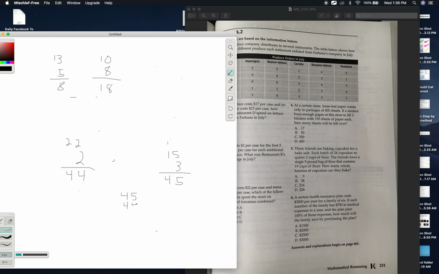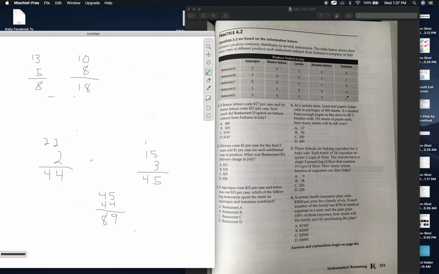So do the same thing here with Restaurant B and Restaurant E as well, since they purchased. Well, let's see. We already know that it can't be Restaurant E because Restaurant B purchased 4 asparagus and Restaurant E purchased only 3, and they purchased the same amount of tomatoes.